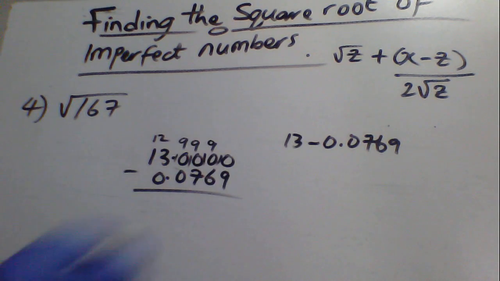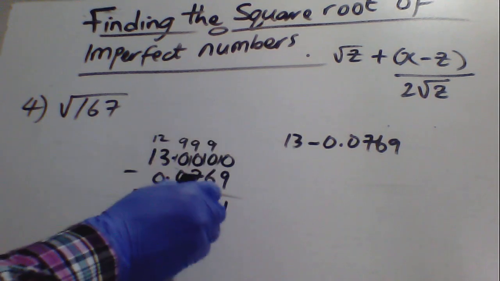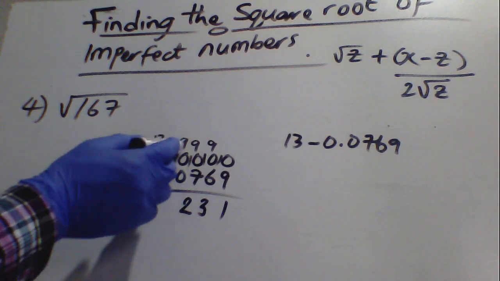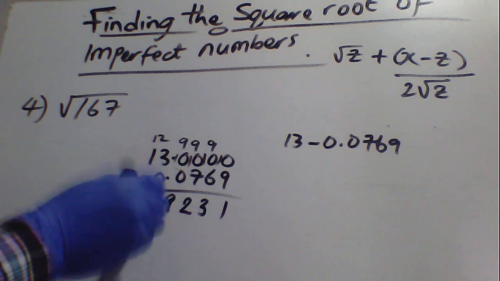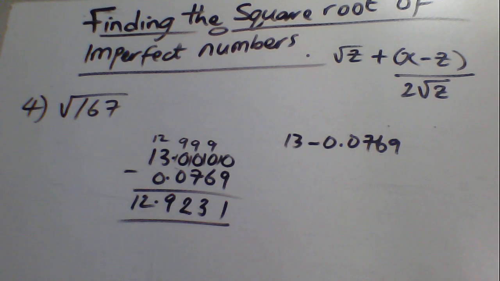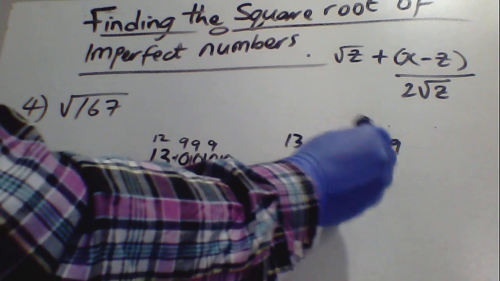It becomes 10. 10 minus 9 will give us 1. 9 minus 6 will give us 3. 9 minus 7, 2. What is left here? After you carry, 9. 9 minus 0 is 9. What is left here? 12. So, in this case, if you do the subtraction, you have 12.9231.